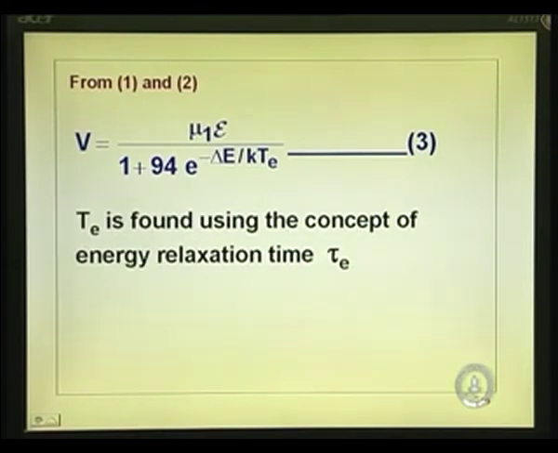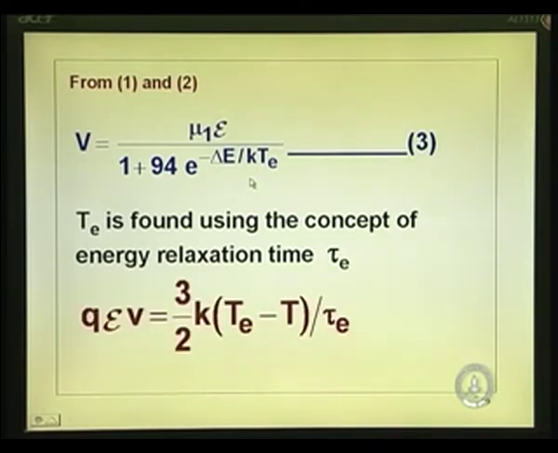Now I can find the velocity versus electric field from this equation. This is the equation that I must use. Te is the unknown quantity. You find Te by using this equation. What is this equation?